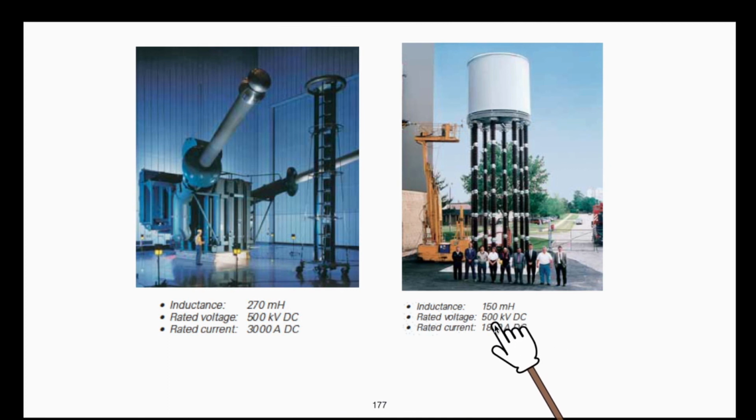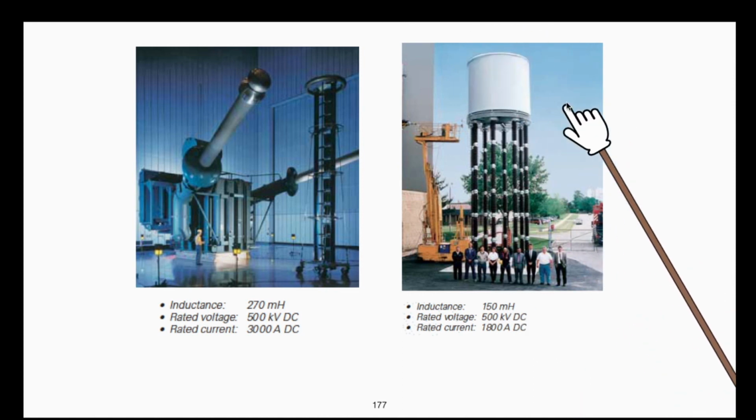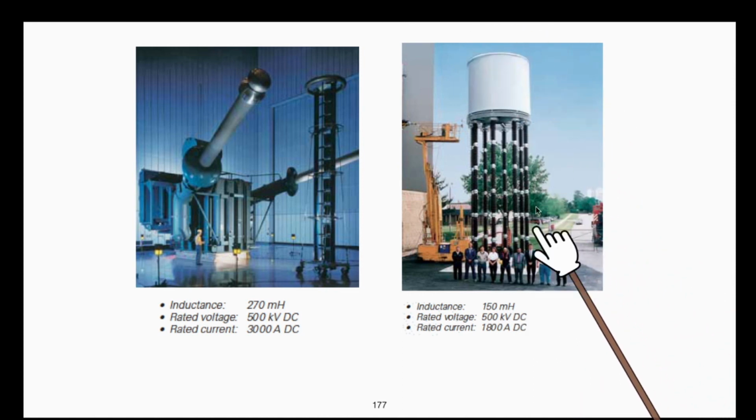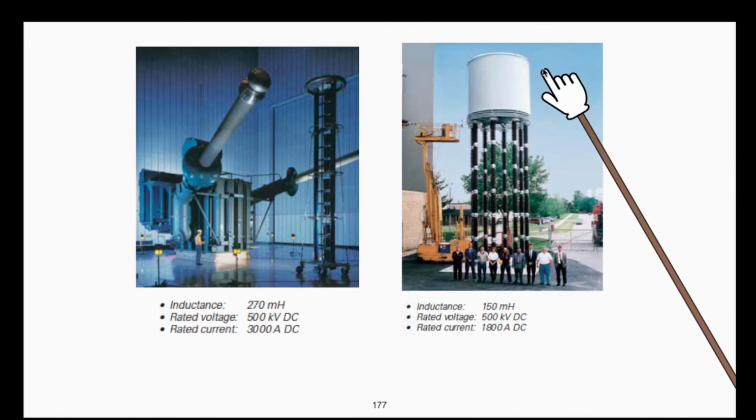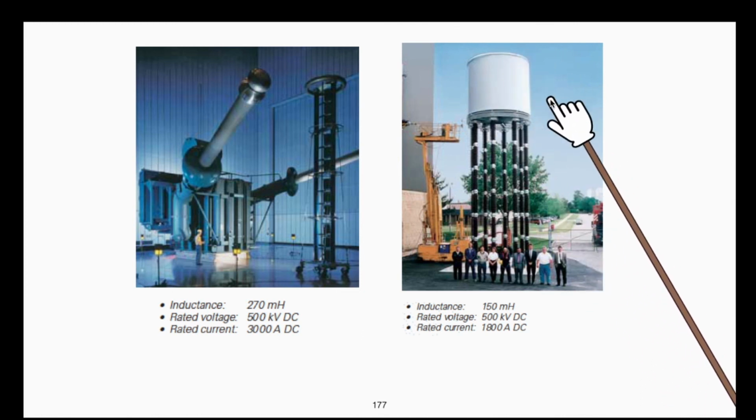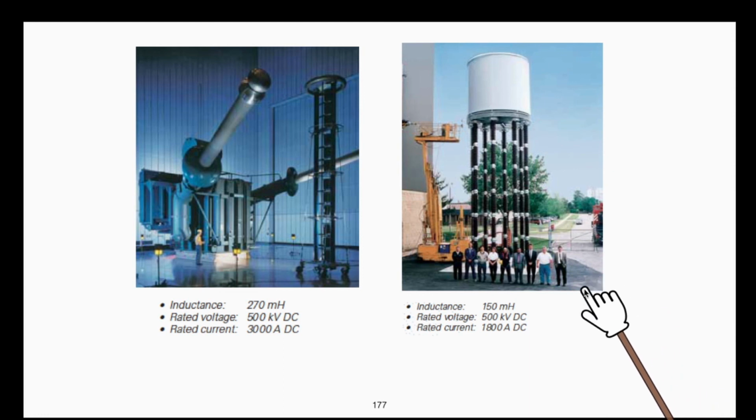There is another one also, 500 kV DC, 1800 ampere DC, 150 millihenry. See the size of the inductance, and the insulation required with respect to the ground because of the high amount of power handled by the inductor. This is a smoothing inductor. I have included this diagram to help you understand the size and complexity of components used in an HVDC scheme.